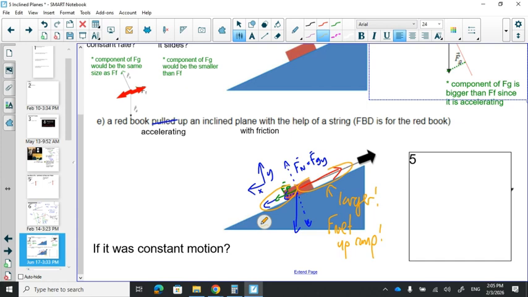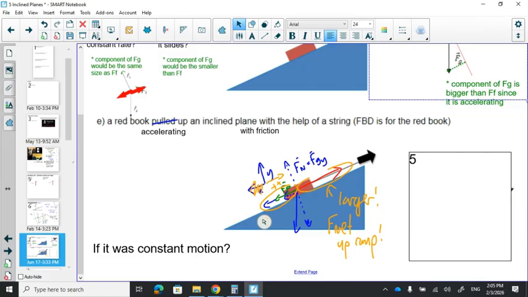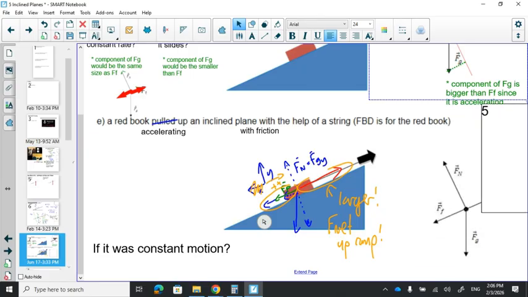In this case, maybe you define up the ramp as positive if you wanted to. So you could switch this to be the positive X direction, I suppose, to make it nicer to deal with so you don't have negatives. But obviously you can deal with negatives if you have to, right? So there's that larger force and so on.